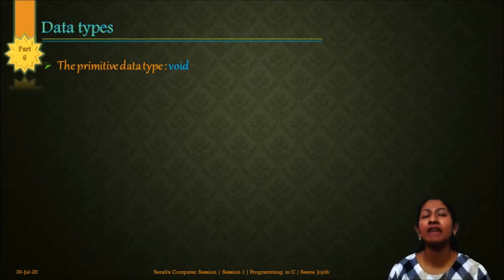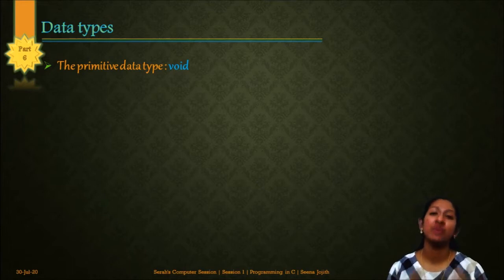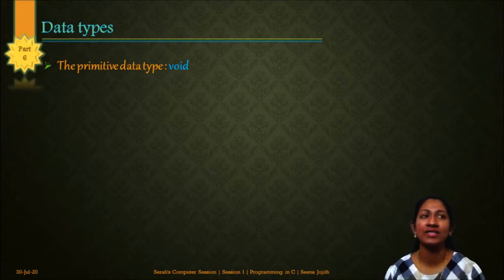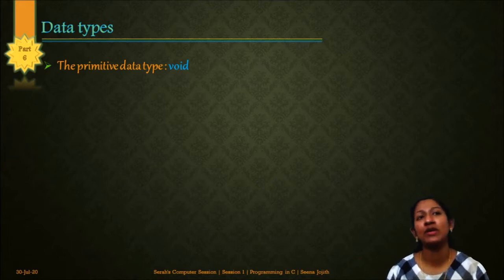Wherever we have to use our data, but if the data is empty, we can specify void. It usually comes along with functions and pointers. I've not taken functions and pointers, I haven't even mentioned them in my previous video, so I don't want to make it complex now. But please try to understand that it's used with functions.